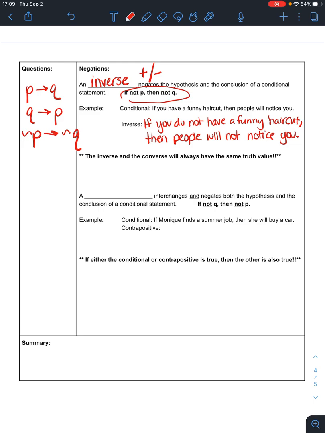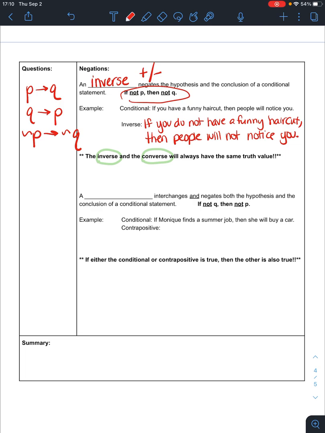Now, one good thing when we're asking for truth values: your inverse and your converse will always have the same truth value. Here's why that's important. I think it is easier to find the truth value of the conditional and the converse. When you start throwing nots in there, it's like, do you not want to go here? And it's like, wait a minute, I don't know how to answer that.